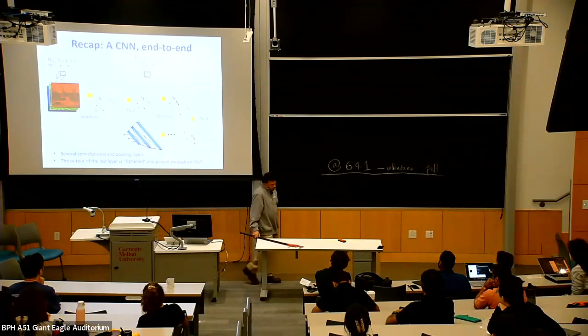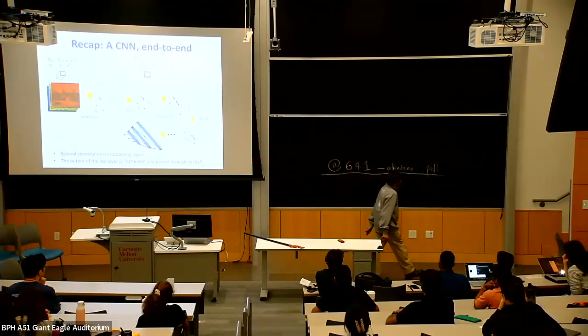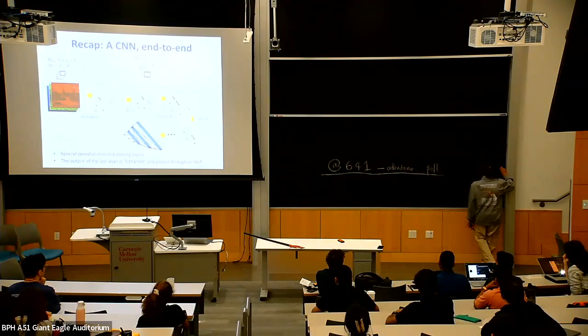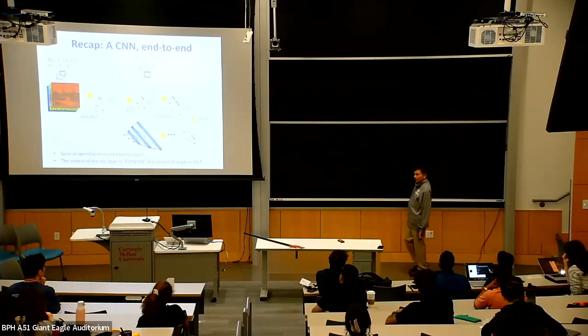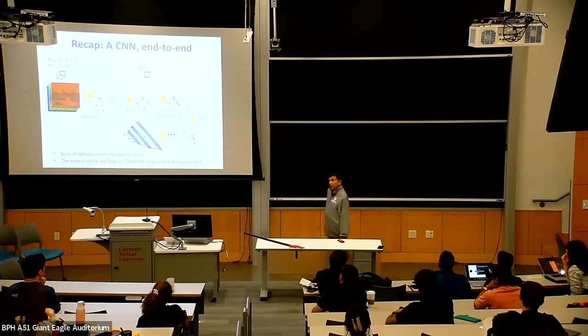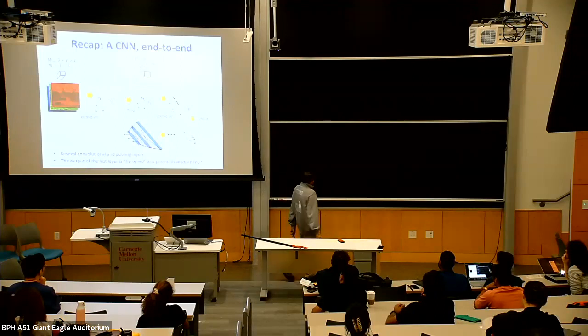Now, there's one issue that's not explicitly mentioned in the slides, but I'd like to mention over here, which is how do you decide how many channels you must output? Now, I have this question for you.